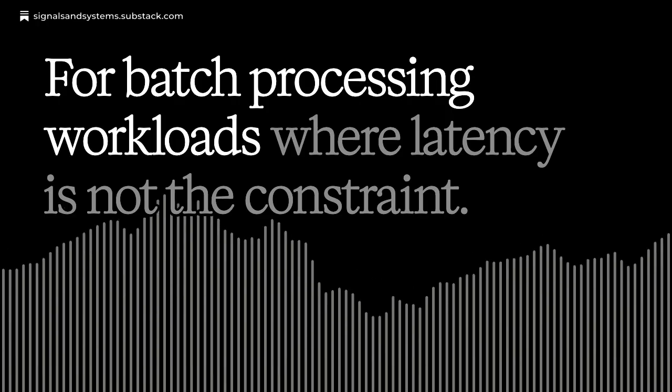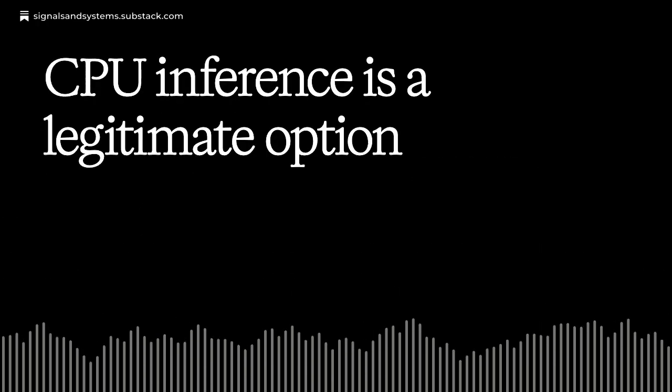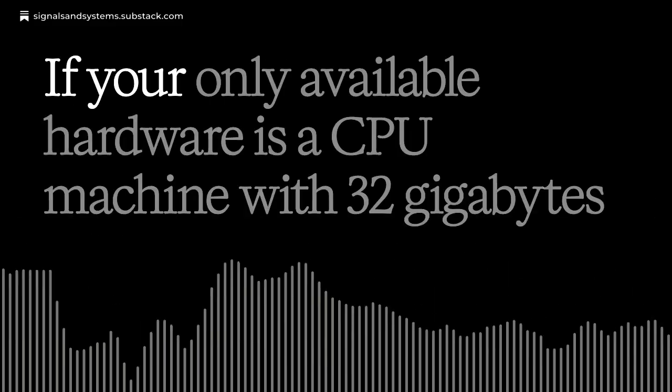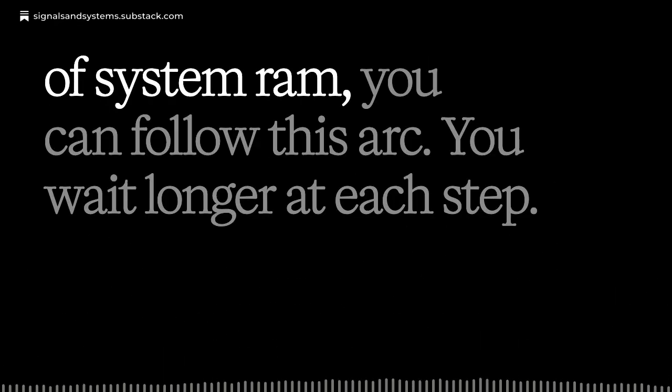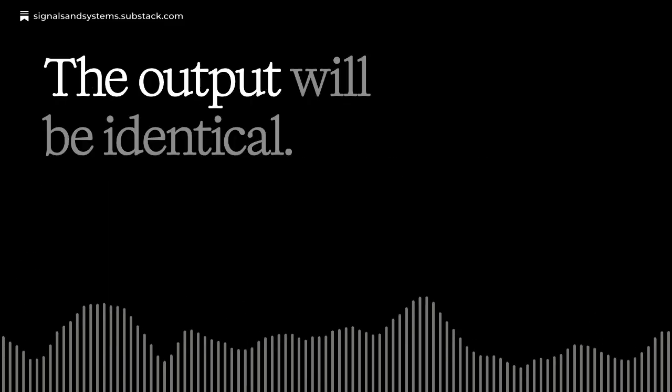For batch processing workloads where latency is not the constraint, CPU inference is a legitimate option. For interactive use cases, it is not. If your only available hardware is a CPU machine with 32 gigabytes of system RAM, you can follow this ARC. You will wait longer at each step. The output will be identical.